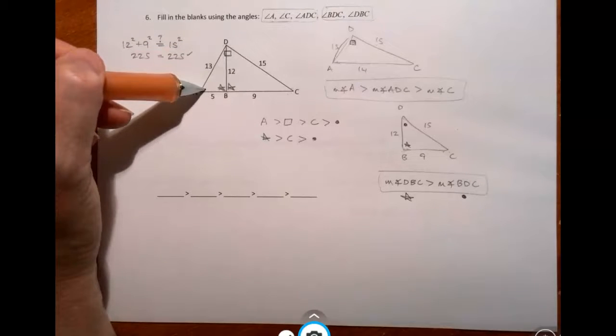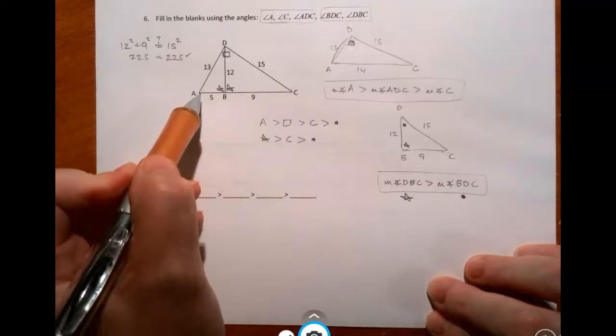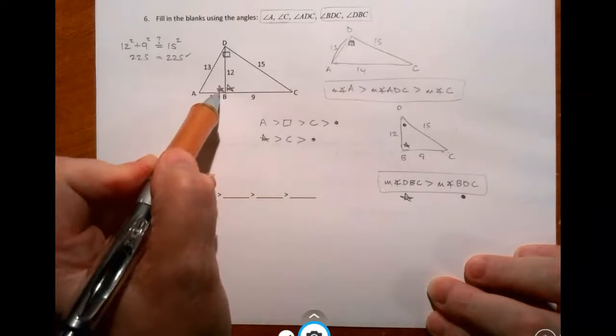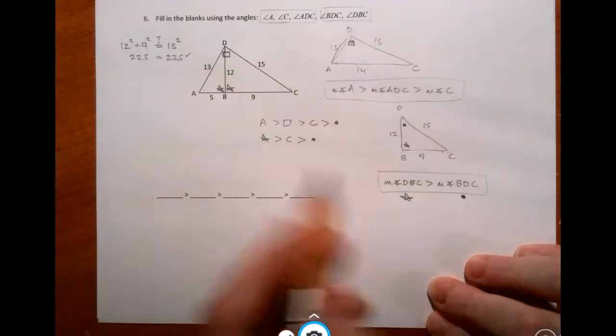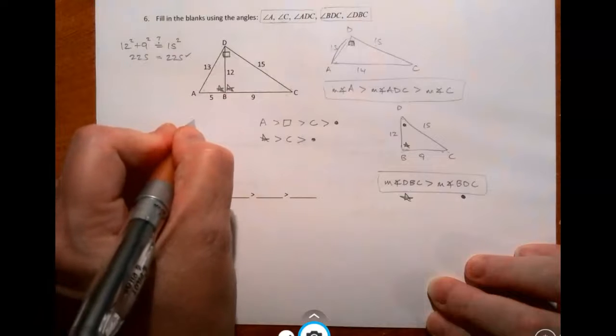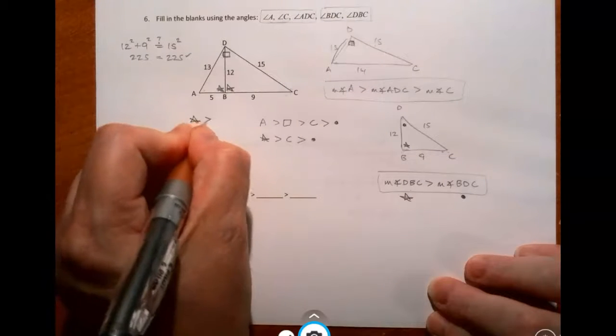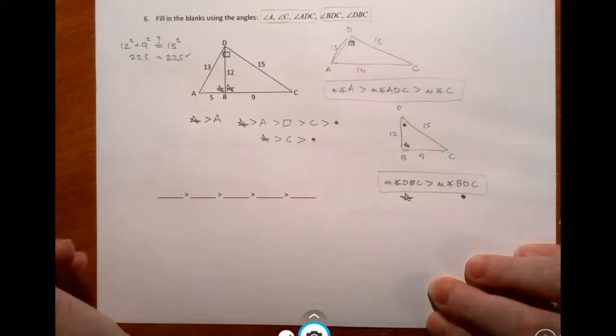That helps us because now it allows me to relate angle A to this angle that I put a star on, which is this one right here. So I now know in this little triangle on the left that this star is greater than A. So that allows me to do this.